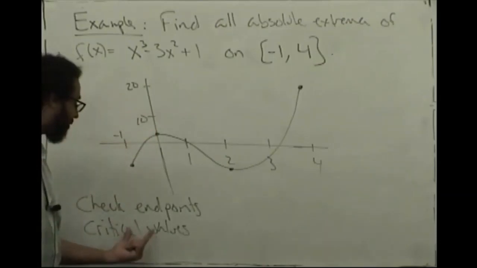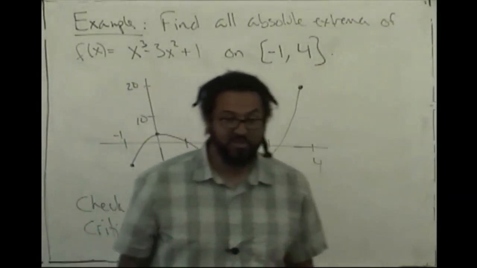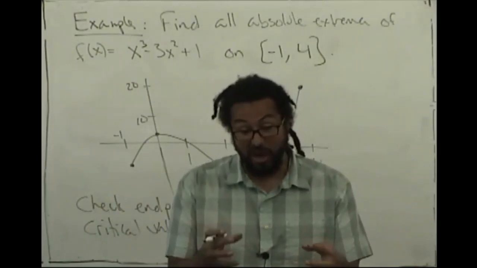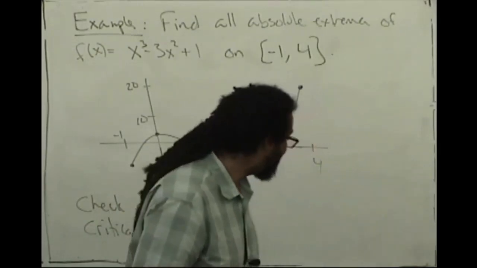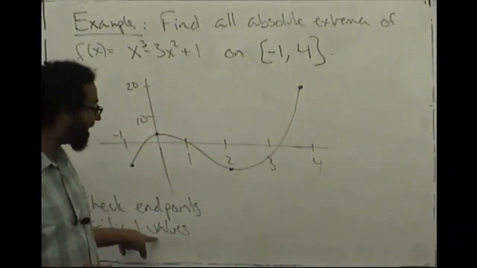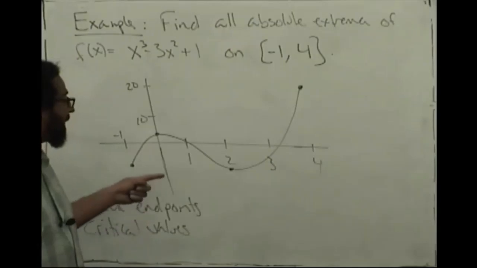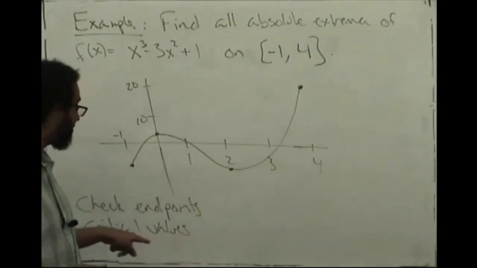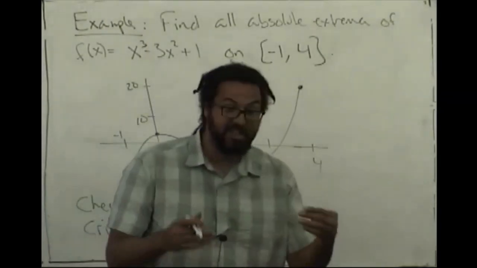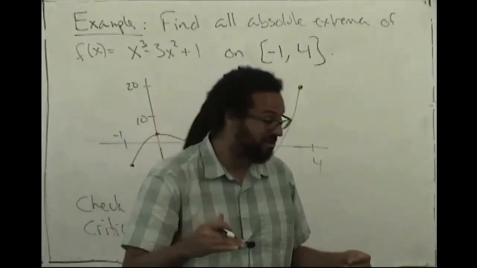So the critical values and the endpoints just limit your infinitely many possibilities down to a couple. Once you find the critical values, that's not the final answer. You will actually need to check. You'll need to plug these two types of numbers into the function and see which one is the highest and which one is the lowest.